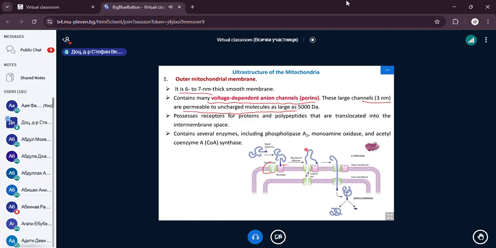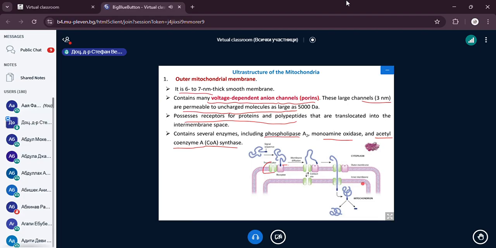Together with these porins, the outer membrane also possesses receptors for proteins and polypeptides, which are being transported into the intermembrane space. And it also contains several enzymes like phospholipase A, monoamine oxidase, and this one is important, acyl coenzyme A synthase.